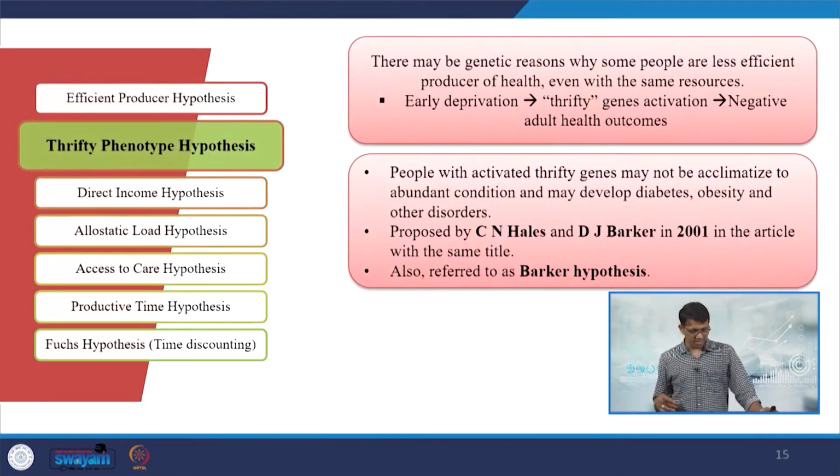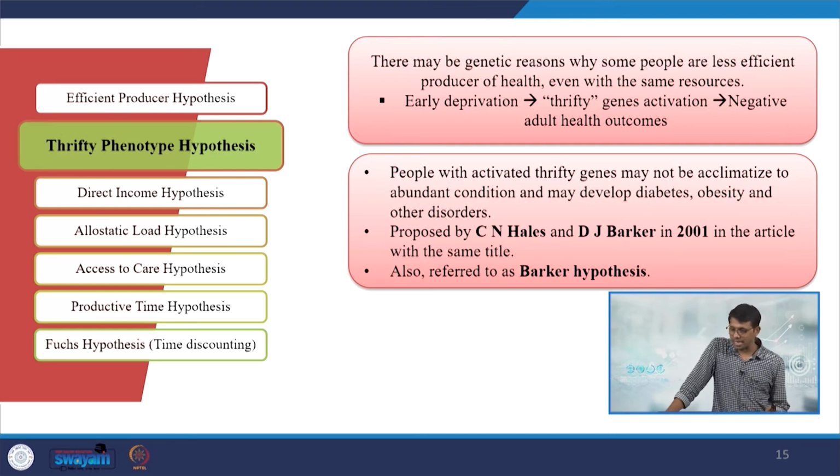Now, we are emphasizing another hypothesis called the thrifty phenotype hypothesis. This means that there may be genetic reasons why people are less efficient producers of health even with the same resources.